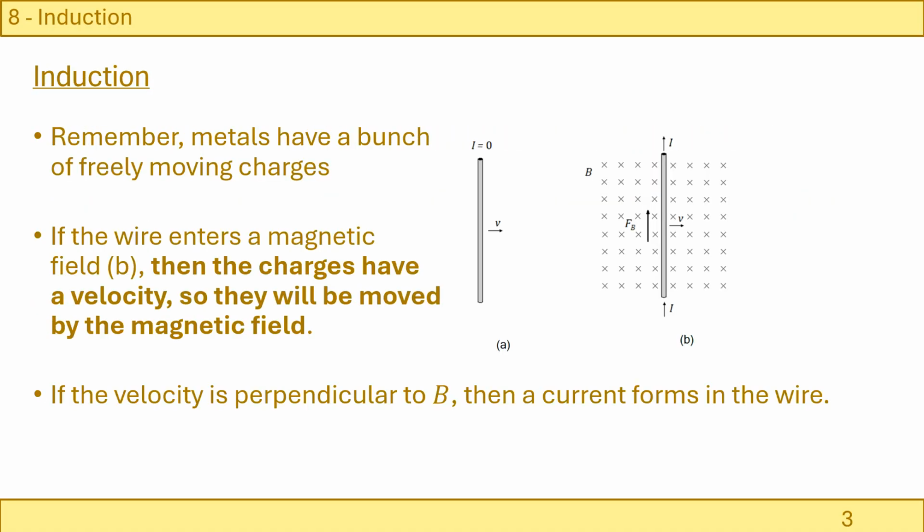So to understand induction, we have this little example here. Just remember, if we have a little wire like this, the inside of it is made up of protons and electrons. And we're going to remember that there is a magnetic force, F equals QVB sine theta.